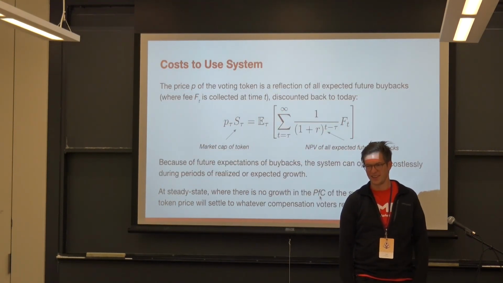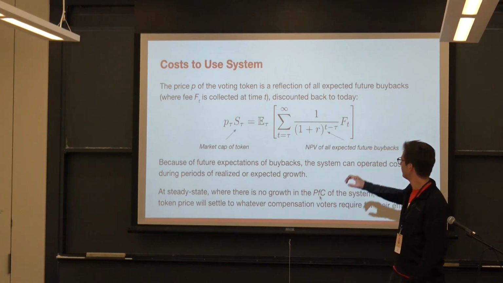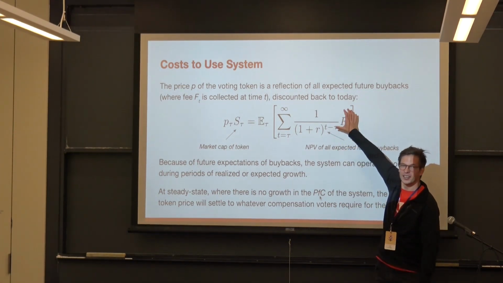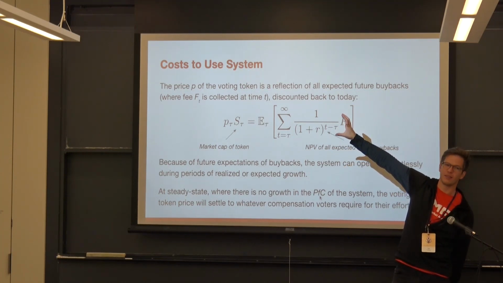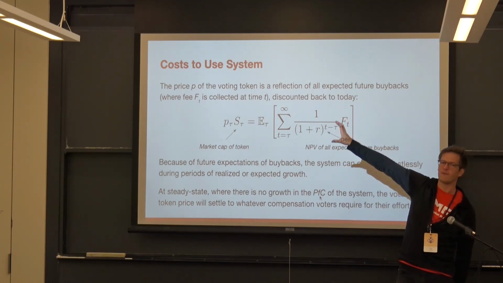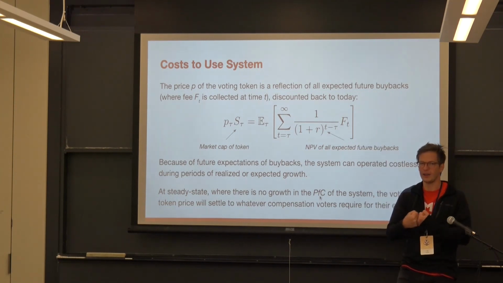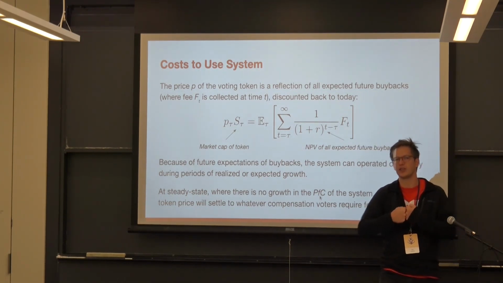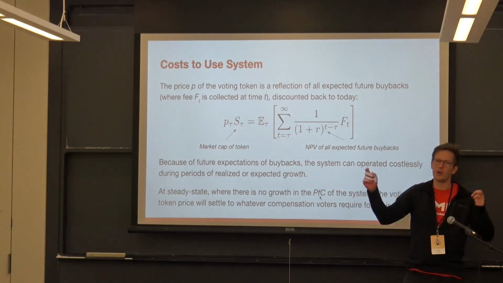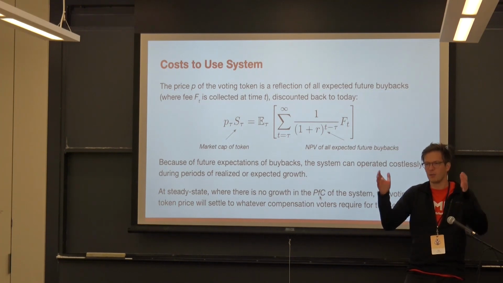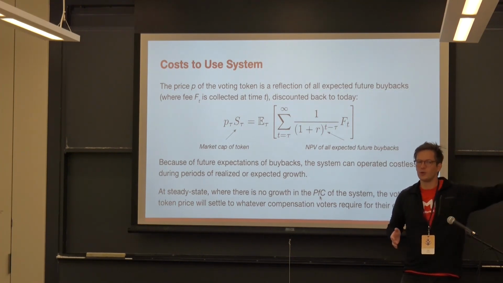More math. But what's really cool about this is that it's sort of a perverted discounted cash flow model. For traditional companies, the value of a company's stock at any given point is the market's expectation of all future dividends. In this model, the value of our voting token is the market's expectation of all future buybacks, of all future taxes.